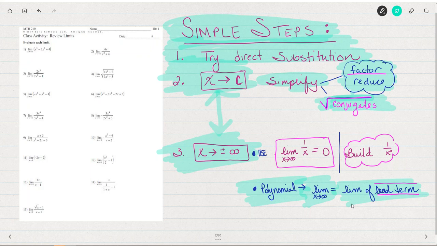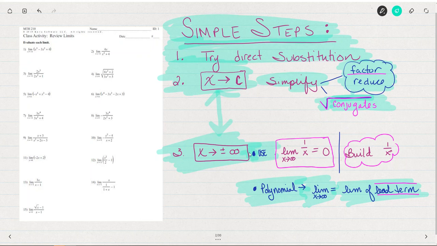So if we write that polynomial in descending order, then our lead term is the term that has the highest x exponent, the highest power of x. And the limit of that polynomial is going to be equivalent to the limit of that term. Really easy to apply that, and I'll show you some examples.